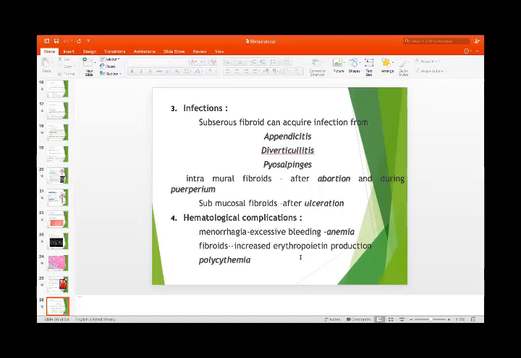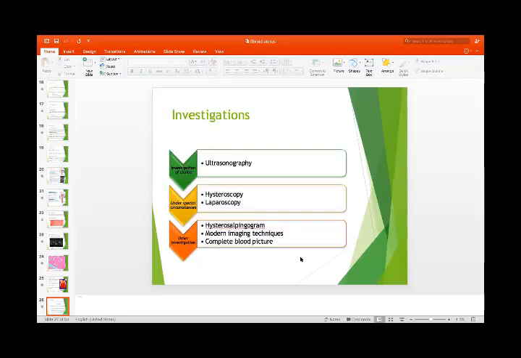So infection can occur after miscarriage or after delivery, or if a submucosal fibroid undergoes ulceration, it may get infected. Hematological complications include anemia. There will be anemia, and increased erythropoietin production will lead to polycythemia. So these are the two hematological complications.